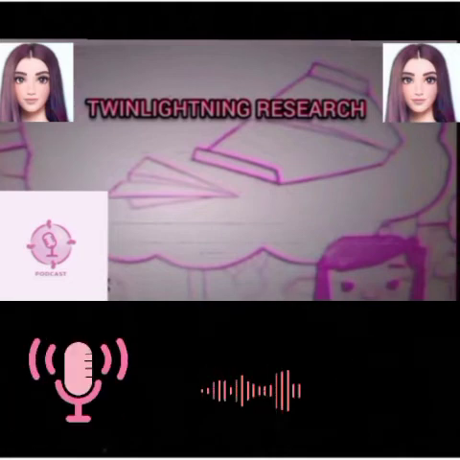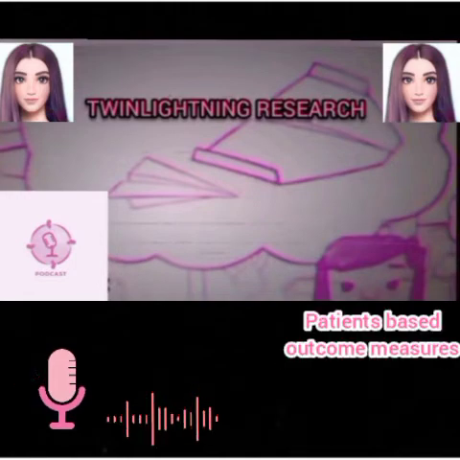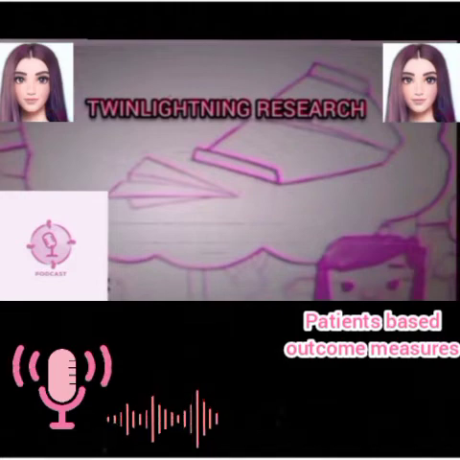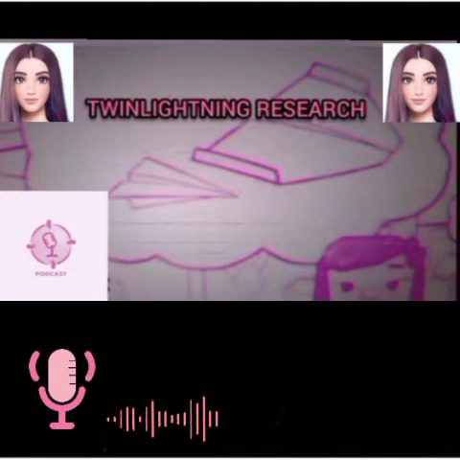It is important to note that there is a growing interest in evaluating patient-reported outcome measures for clinical trials, and it is also approved by the important regulatory agencies.